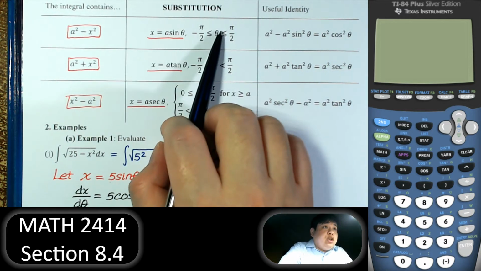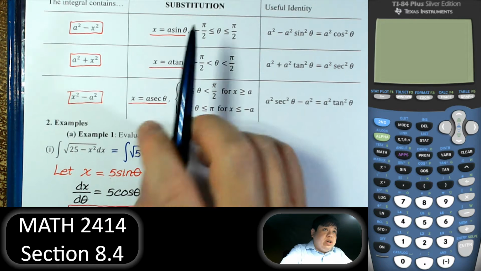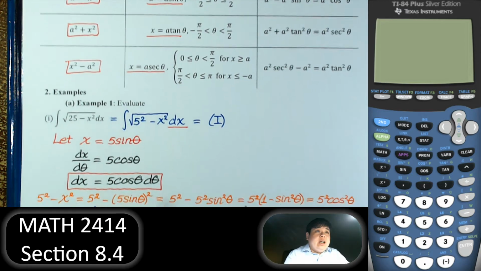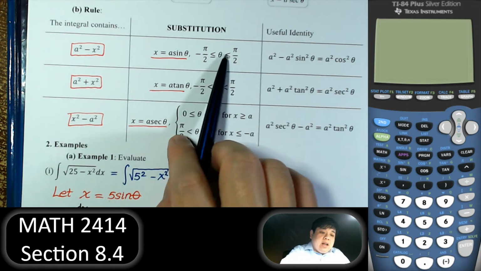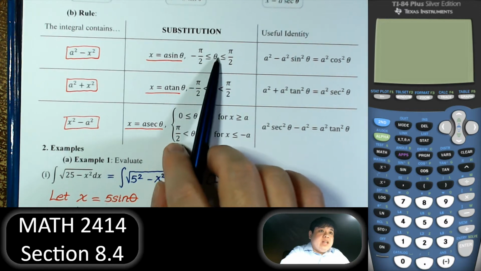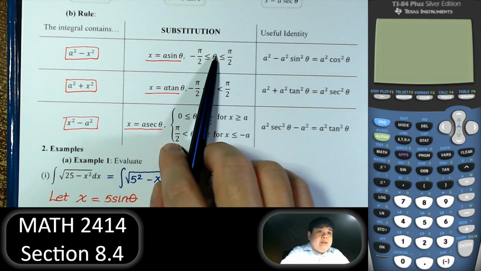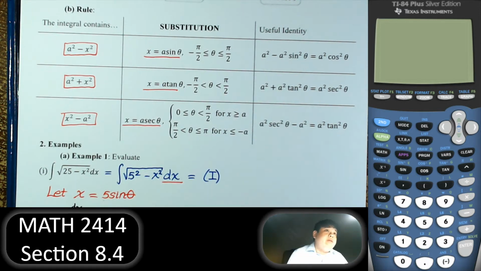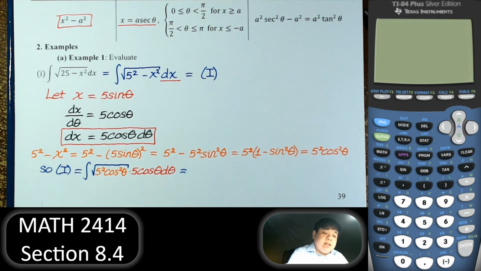When we make the substitution, we assume that theta has to be between negative pi over 2 and pi over 2. So in that case, when theta is in this interval, it is going to be positive. Because it's positive, we can take the square root of it. I mean, the square root of a positive number will be itself.